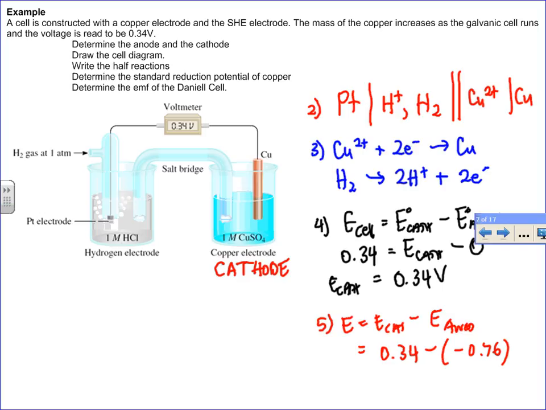So we take the reduction potential at the cathode of 0.34 and we subtract the reduction potential at the anode of 0.76, and in this case we get a voltage of 1.10. Now for galvanic cells, we've said that they are spontaneous reactions. The E cell for a spontaneous reaction is greater than 0, as is the case with the zinc copper reaction.